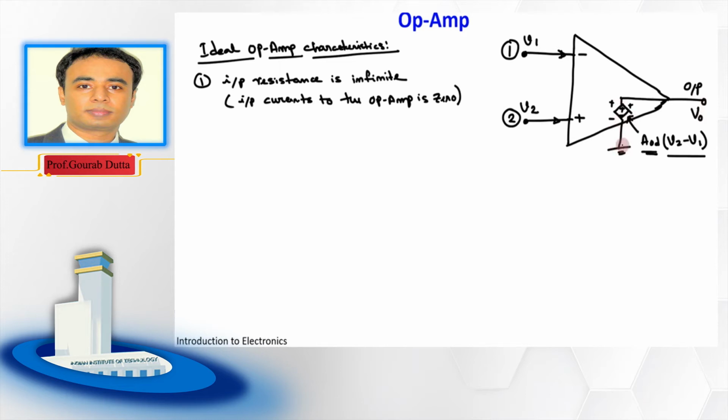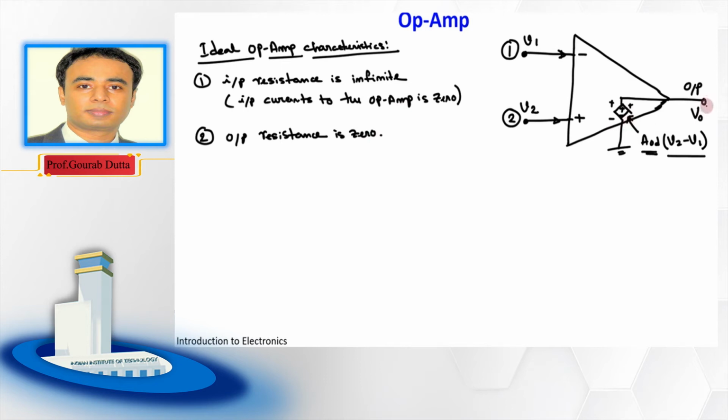That means the output resistance of this ideal op amp is 0. So let us also write that part here: output resistance is 0.